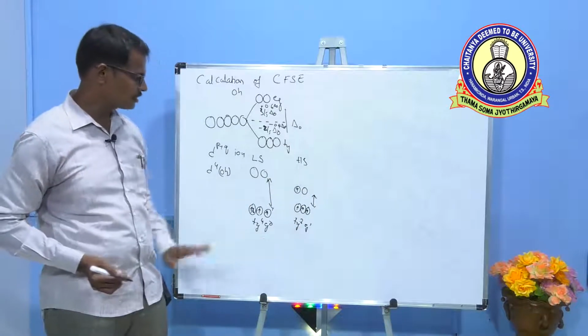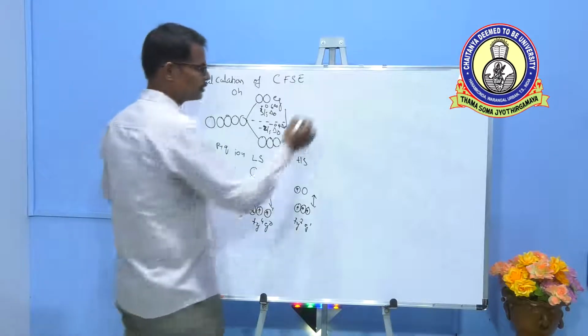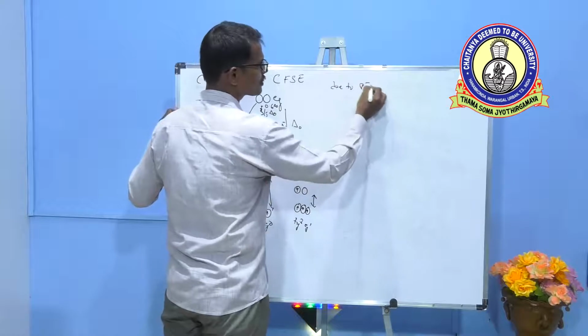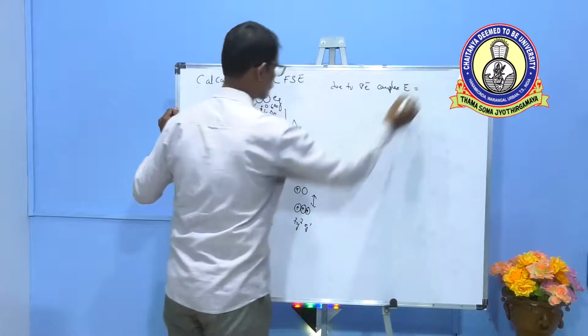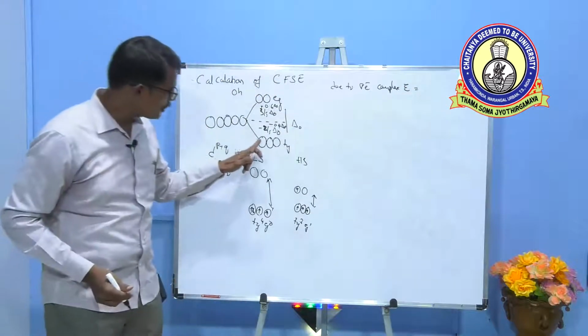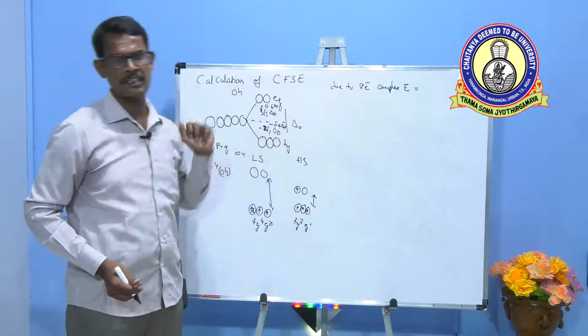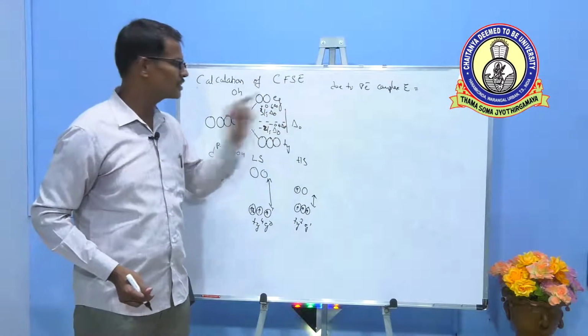Now based on this, consider how to calculate the CFSE value. First, consider the complex energy due to p electrons. We know that one electron entering the T2g orbital decreases the complex energy by 0.4 delta O units. One electron entering the Eg orbital increases the complex energy by 0.6 delta O units.